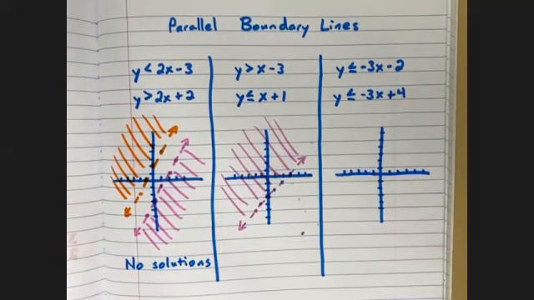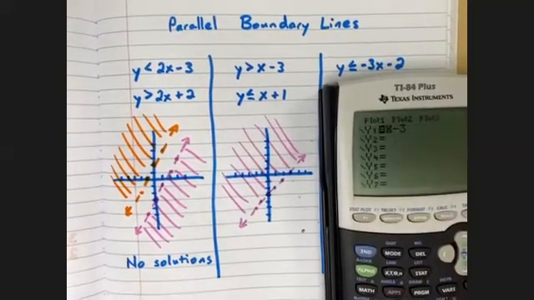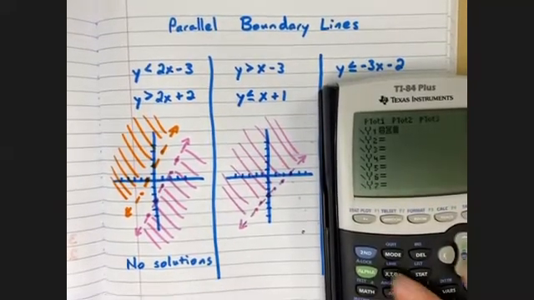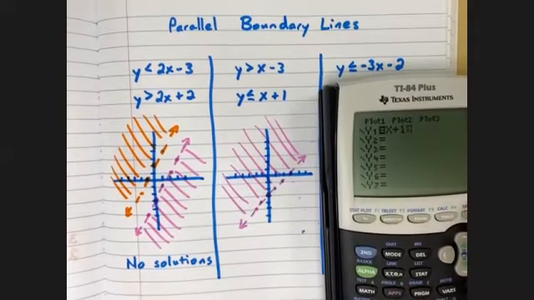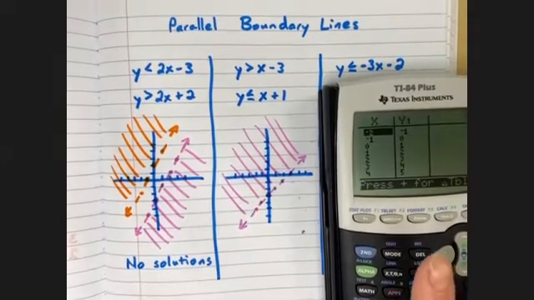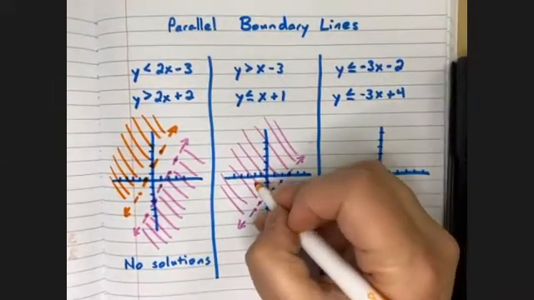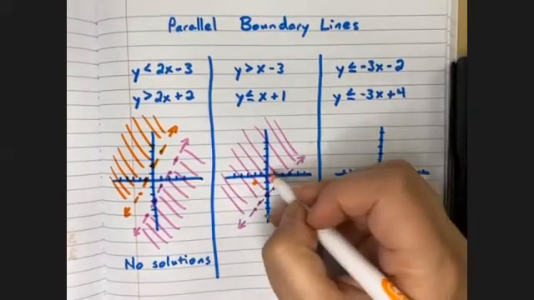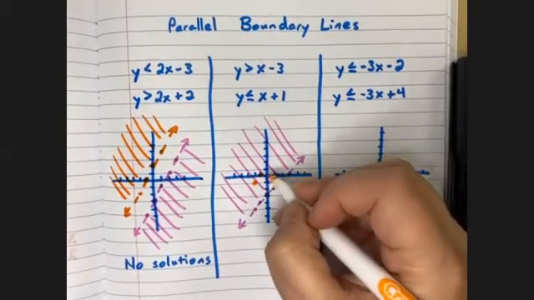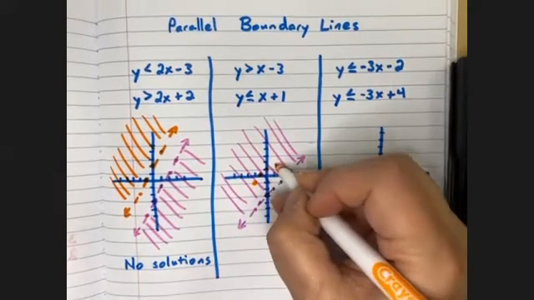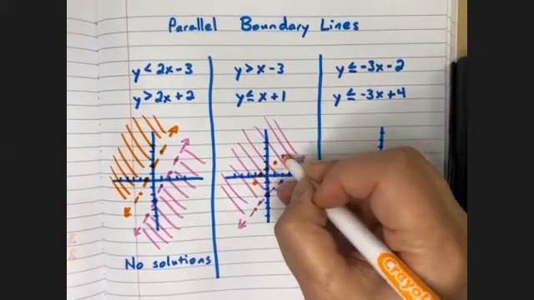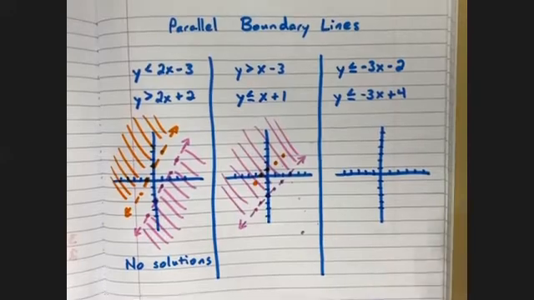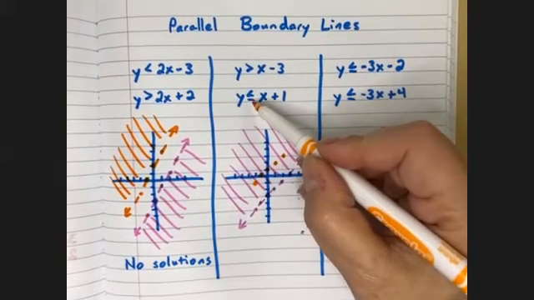All right, so now I'm going to do the second line. So it's going to be x plus 1. Look at the table. So I have -2, -1, -1, 0, 0, 1, 1, 2, and 2, 3. So now I'm looking, is this solid or is it dashed?